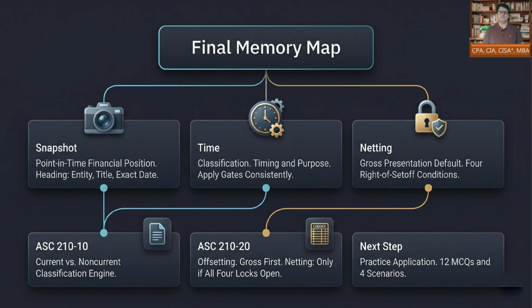Netting means gross presentation is the default, and net presentation requires the proper right of set-off support. ASC 210-10 is the classification engine. ASC 210-20 is the offsetting gate.